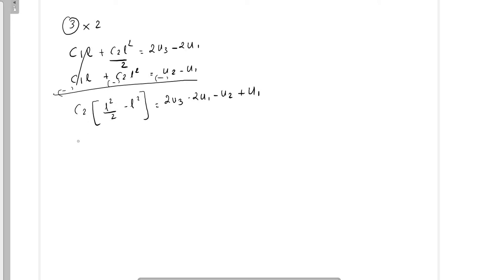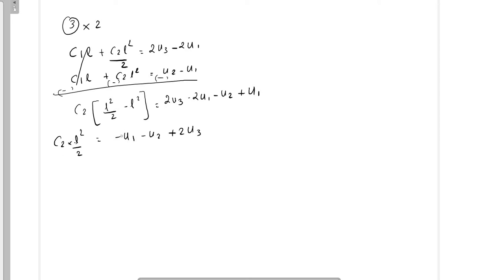If you take LCM, it is minus C2 into minus L square by 2. Minus L square by 2 is equal to, simplify: minus 2u1 plus u1, it is minus u1 minus u2 plus 2u3.